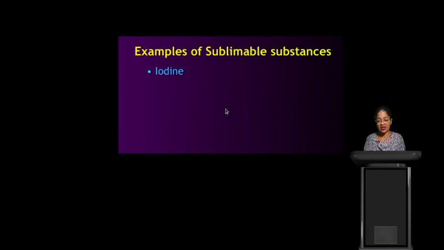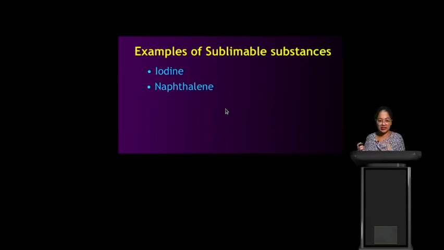Iodine, when heated up, becomes gas and is not liquefied. So this is an example of a sublimable substance. Also naphthalene. What is naphthalene? These are mothballs. Remember, you keep small white balls between your clothes so that moths don't come and destroy your clothes. These are called naphthalene balls. They convert directly into gas.